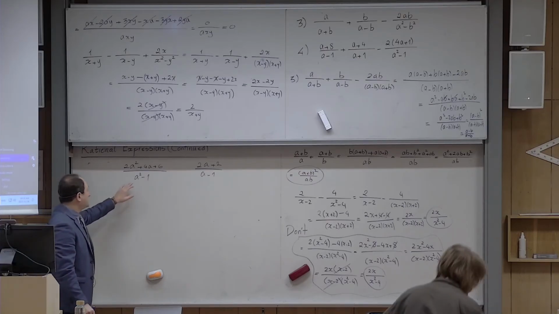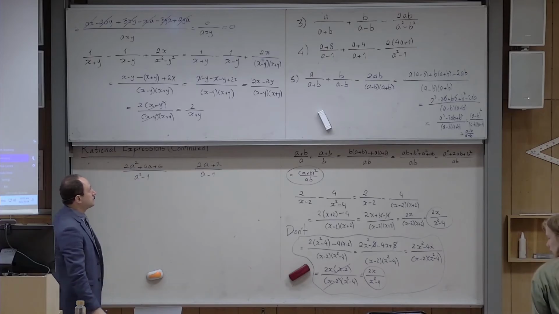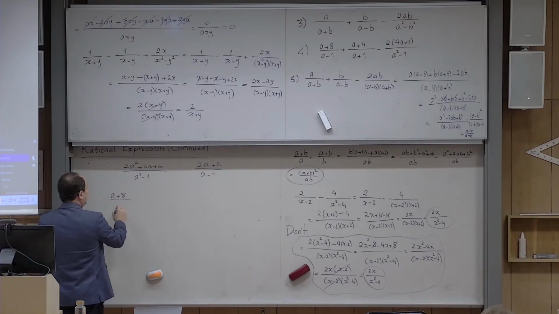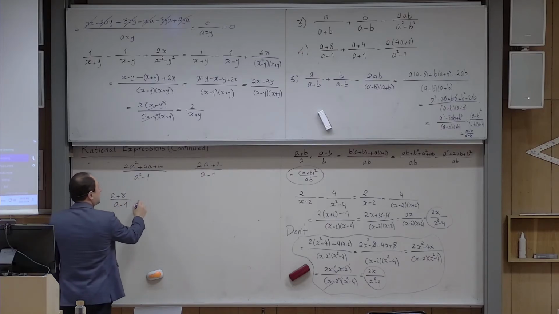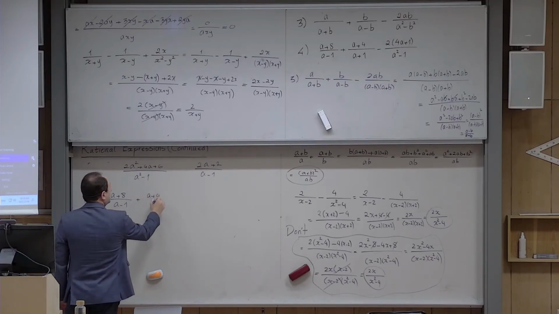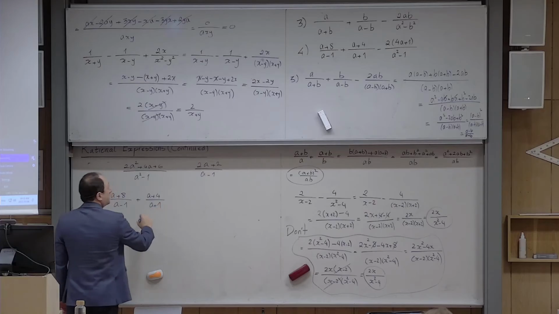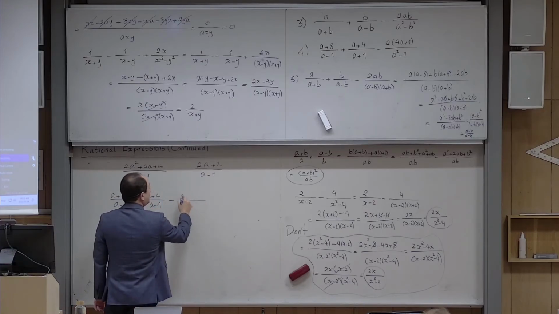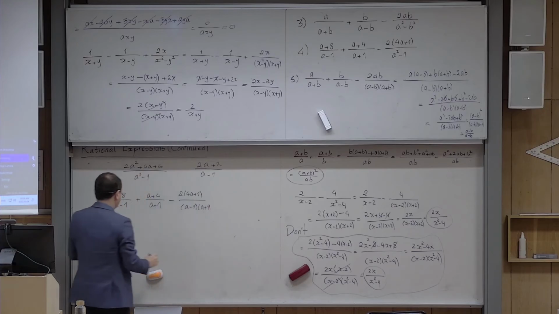Okay, so what we are supposed to do, we rewrite that so it becomes a plus 8, and then a minus 1, and the next one is a plus 4 divided by a plus 1, and then the numerator, I have 2, 4a plus 1, and then I have a minus 1, a plus 1, because I am supposed to factorize.